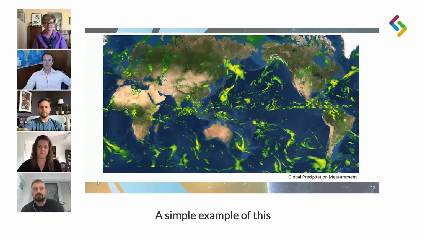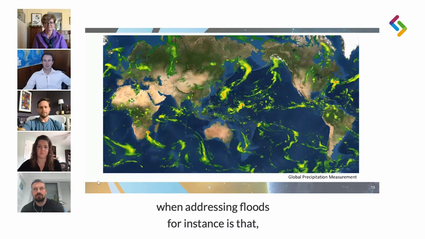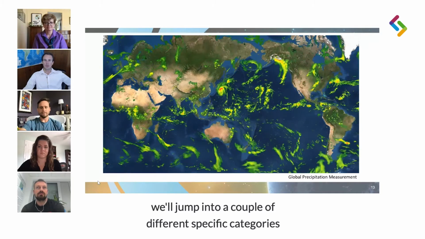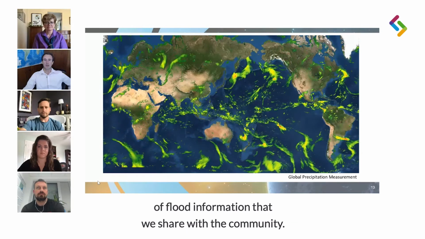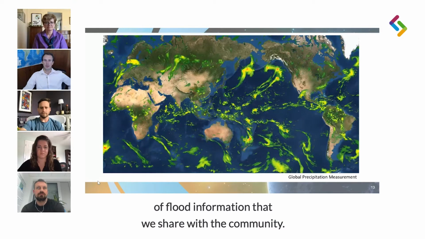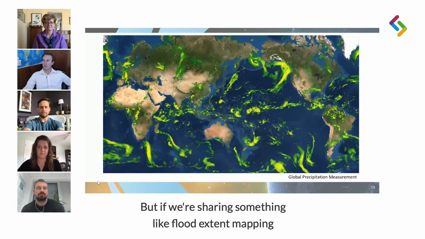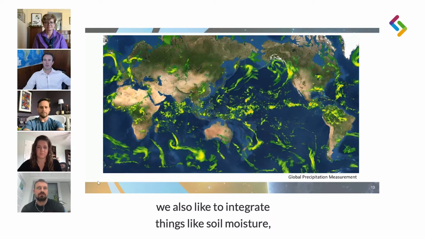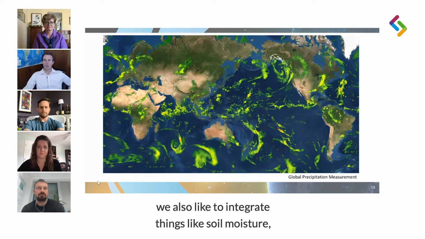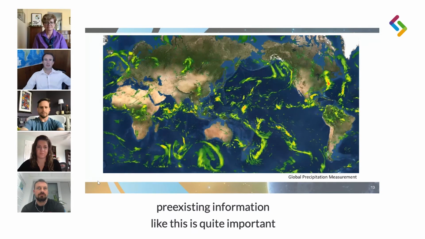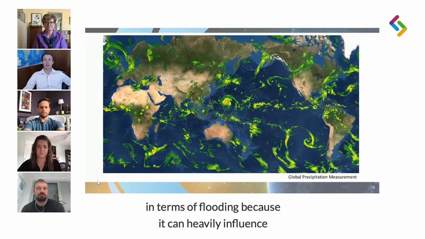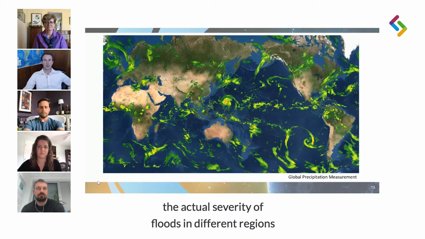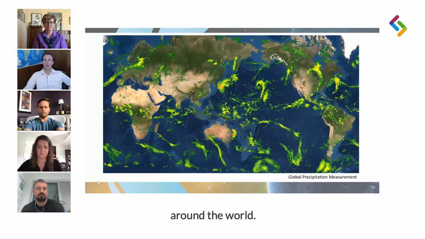A simple example of this when addressing floods is that, while we'll jump into a couple of different specific categories of flood information that we share with the community, if we're sharing something like flood extent mapping, we also like to integrate things like soil moisture. Pre-existing information like this is quite important in terms of flooding because it can heavily influence the actual severity of floods in different regions around the world.